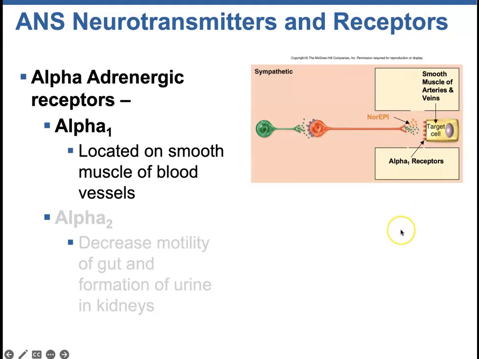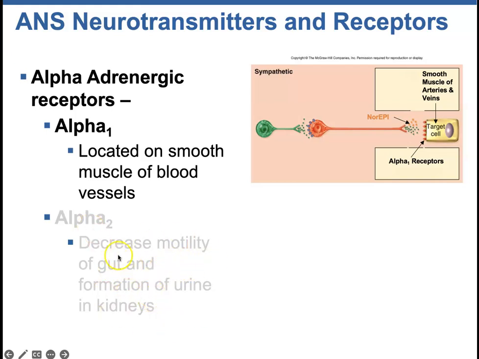So when your body needs more systemic pressure, your sympathetic system kicks on, that postganglionic adrenergic fiber secretes norepinephrine. Those vessels have the receptors, alpha 1 receptors, and they're going to cause constriction, which means that it's going to increase pressure in the vessel. The alpha 2 receptors are located on the gut and within the kidneys.